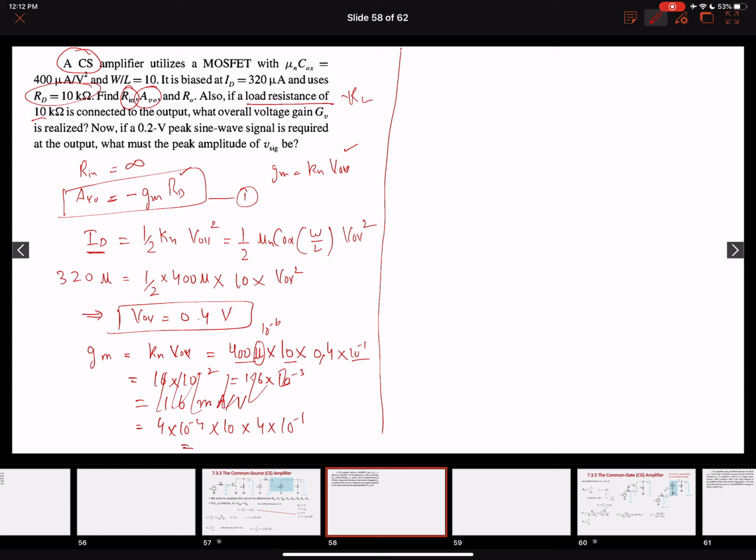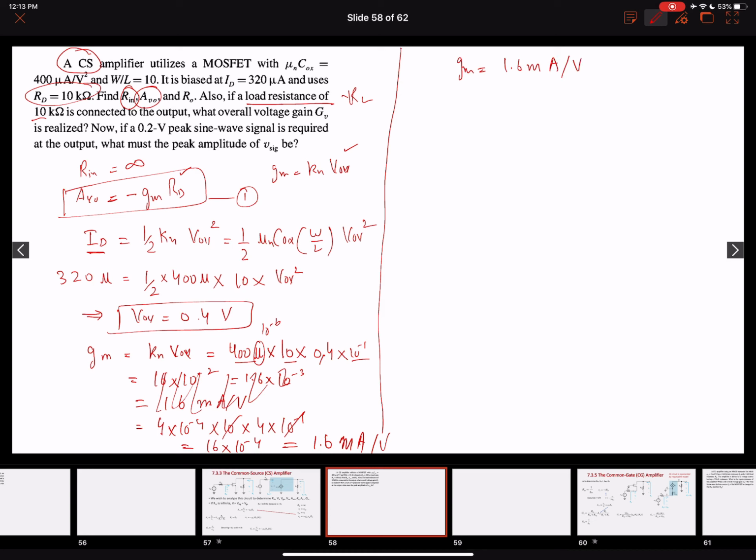We get 4 and 4, 16, the 10 to the minus 4 cancels out, and this gives you 1.6 into 10 to the minus 3 amperes per volt. So our value of the GM that we ended up finding is 1.6 milliamperes per volt.